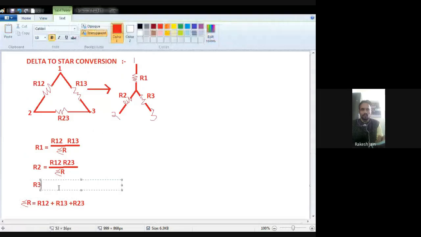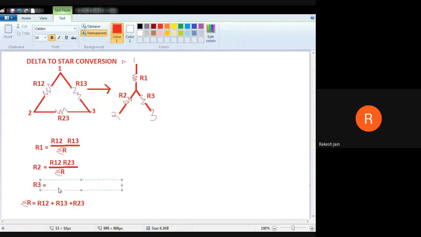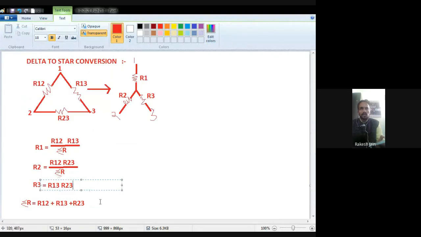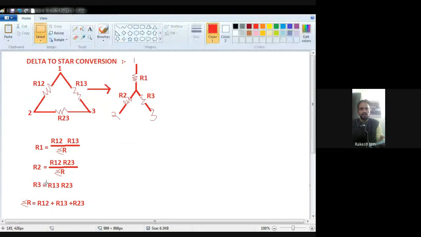Similarly, how to determine the value of R3? So R3 is equal to, how many resistances in the delta network are related with the subscript 3? One is R13 and the second one is R23.